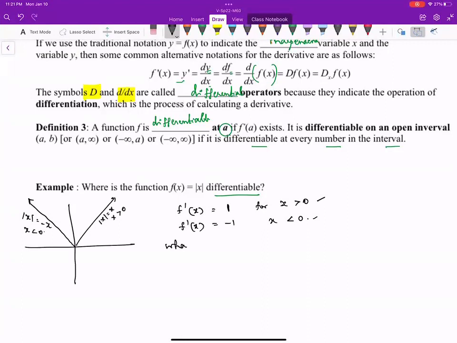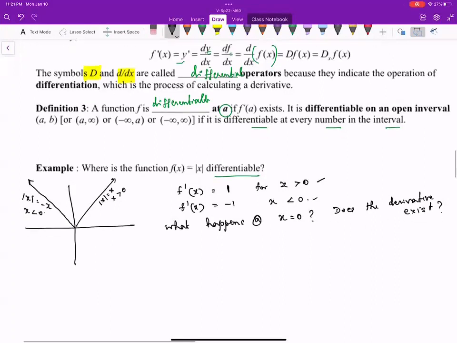So what happens at x equal to 0? Does a derivative exist at that point 0?